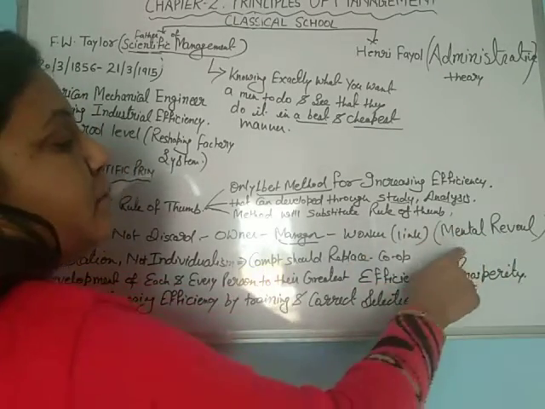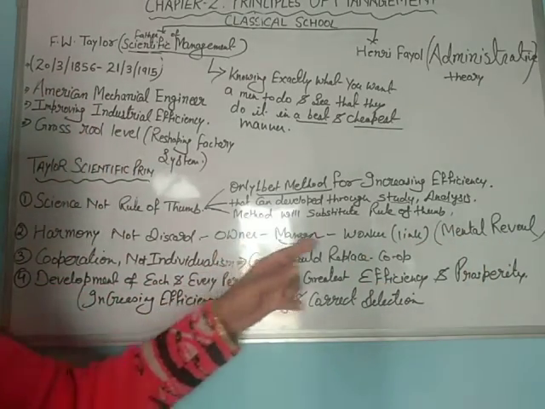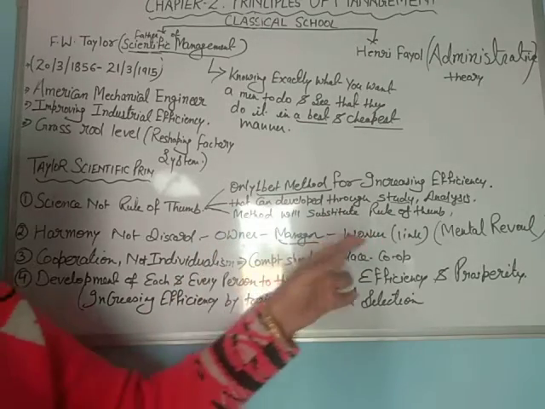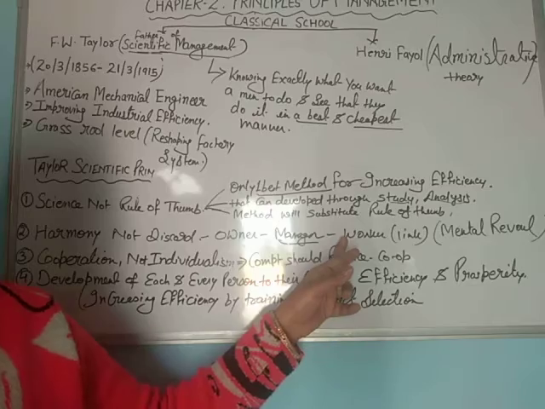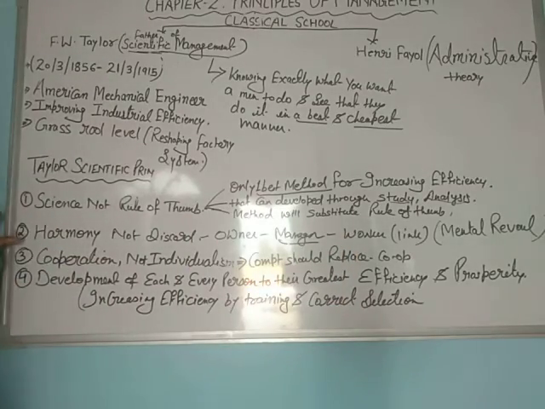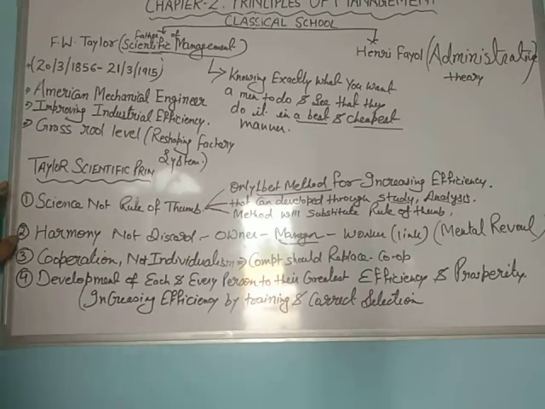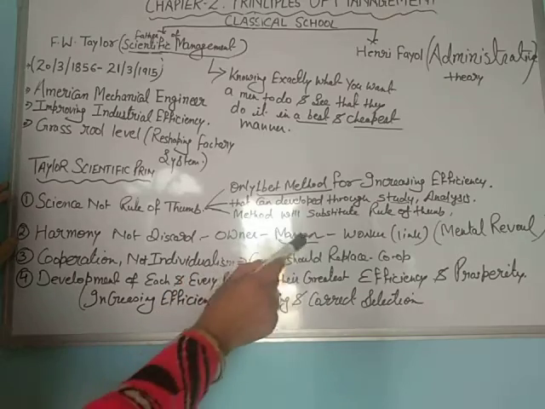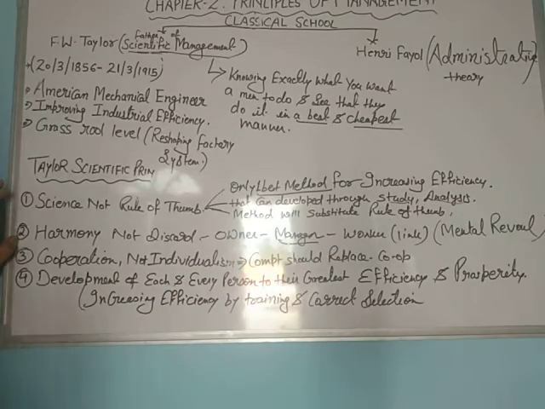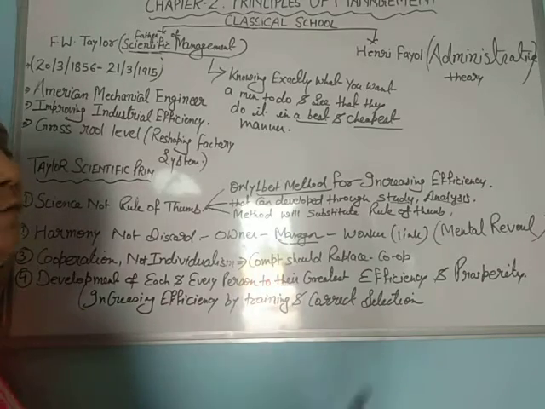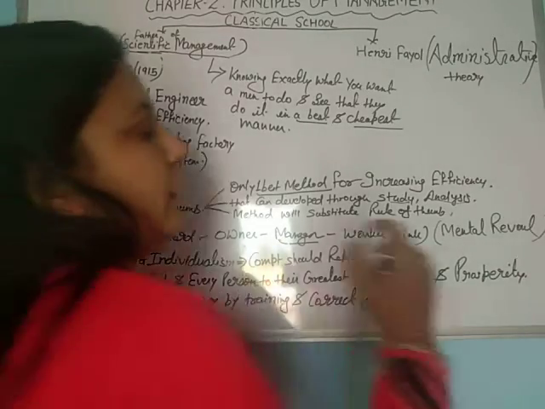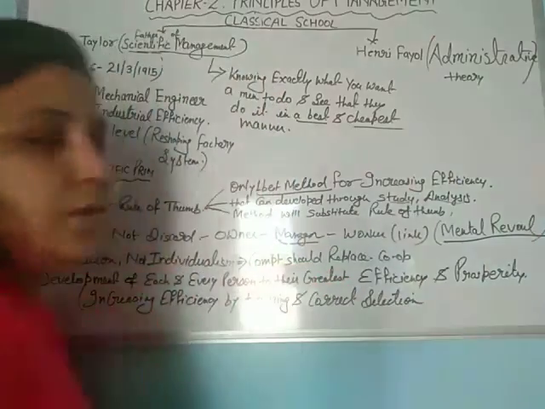Mental revolution basically means where all these three people are working in a coordinated manner without any conflict with each other. Right? So this is a very important principle where he says that there should be harmony between owner, manager and worker. There should not be any kind of conflict, and if there is proper harmony, we will be able to create the environment of mental revolution.